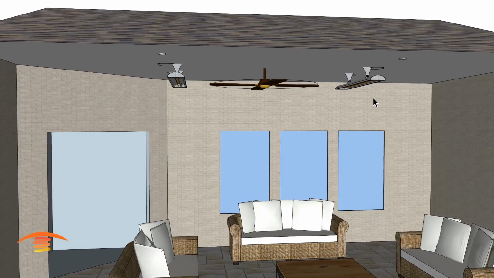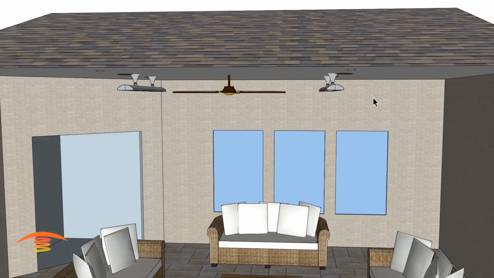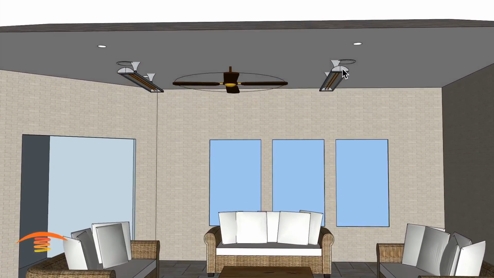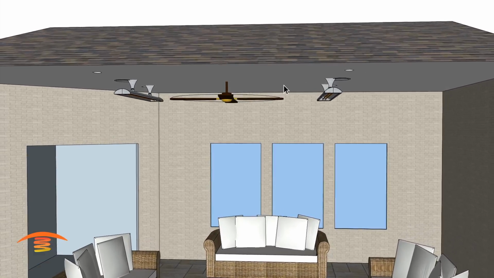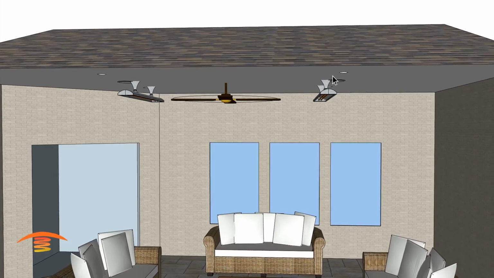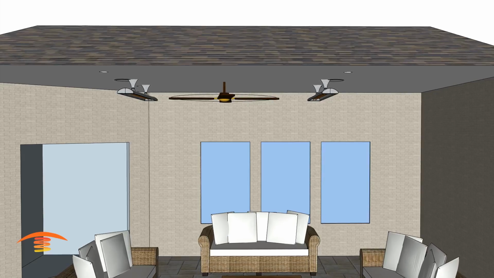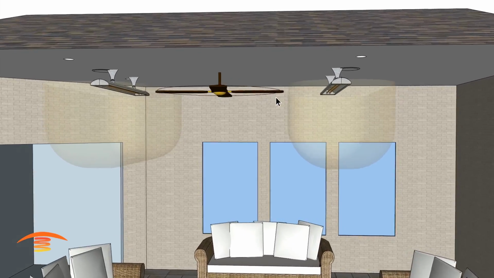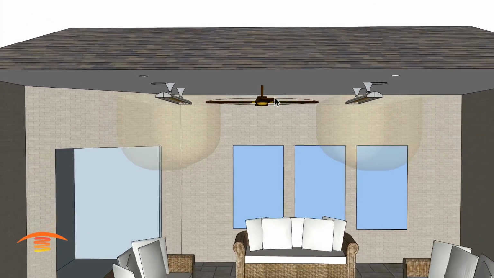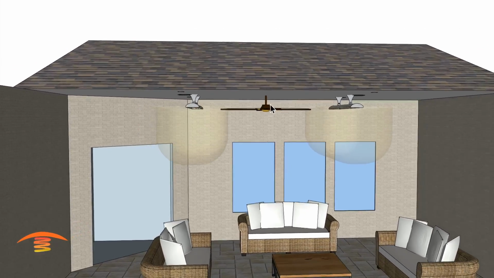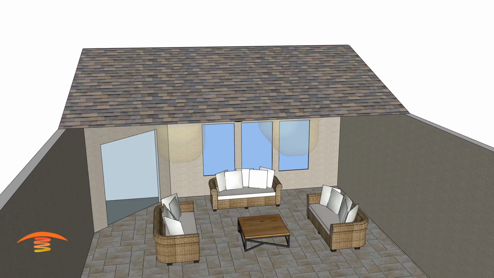Normally I'd probably want to put some heaters in this type of configuration. But as you can see, we have these fans, so I'd have to move the heater further to the right or left. And I am just meeting the clearances below the heater to the fan blades. Actually, this one's not meeting it, because I think the fan is not exactly centered in the room based on what the customer's dimensions were.